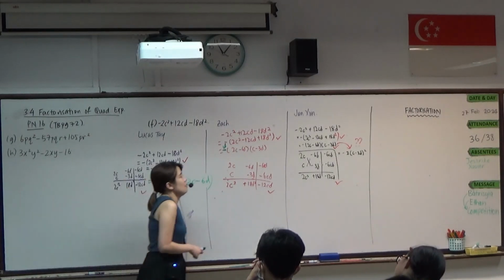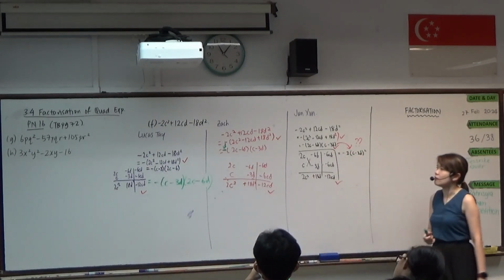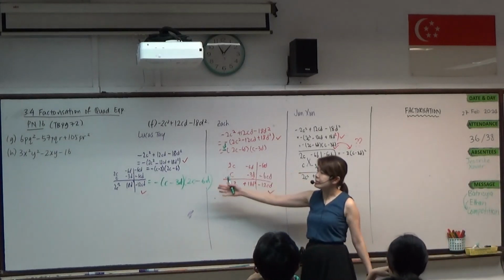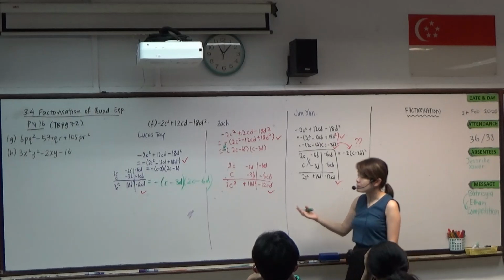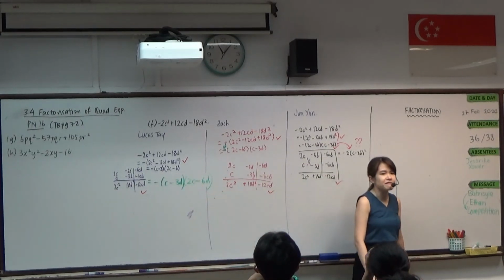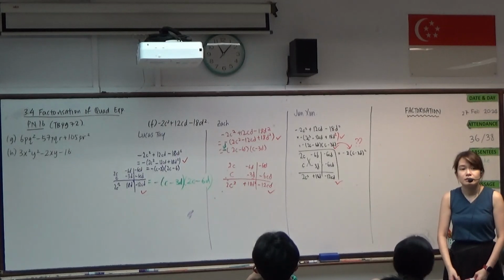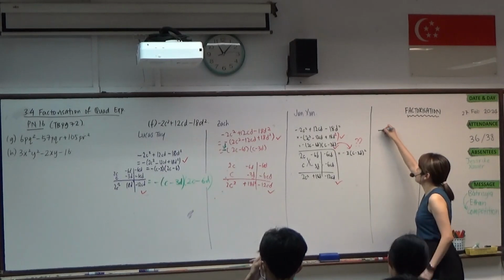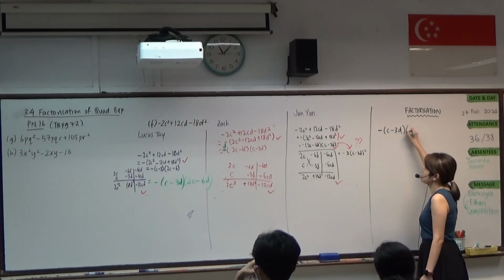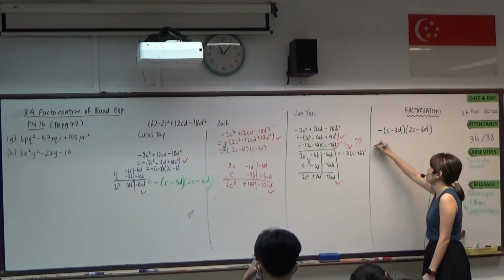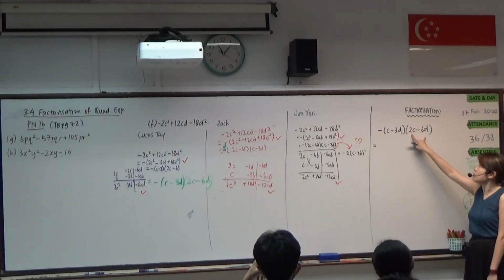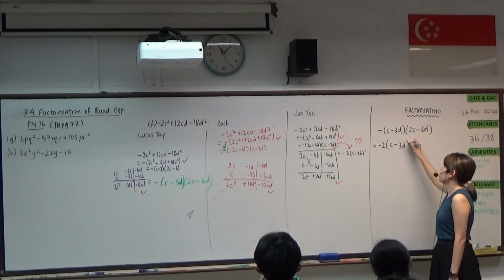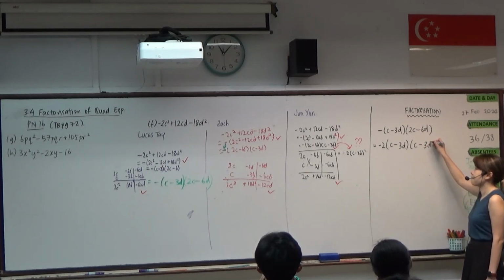Cannot? Okay? But actually, JJ's answer is the one that's correct. Right? Now why? Okay? All these answers over here are incomplete. Because we need to remind ourselves that 2C minus 6, within that factor, is there a common factor? There is a common factor. So, if I would write it here first, okay, while all of us may be able to arrive at this step, we need to remember that there's a common factor over here of 2, for which I should factorize out the 2, and then I'll be left with C minus 3D.